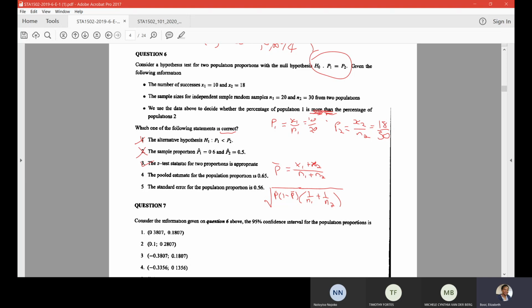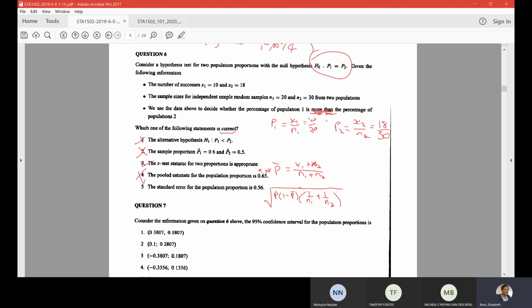So 28 divided by 50 equals 0.56. No, that will be incorrect, because 10 plus 18 is 28, divided by 20 plus 30 which is 50, gives you 0.56. Therefore, that will be incorrect.